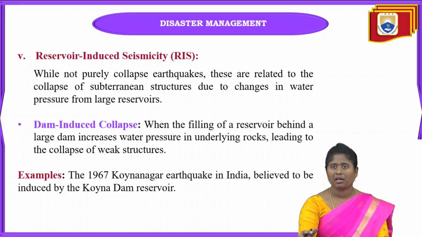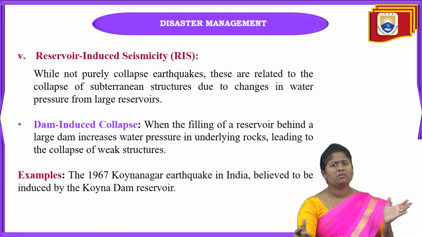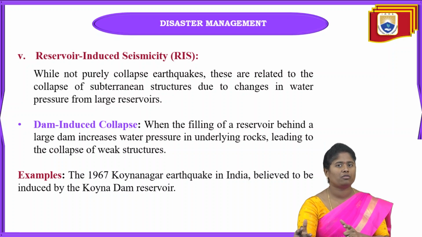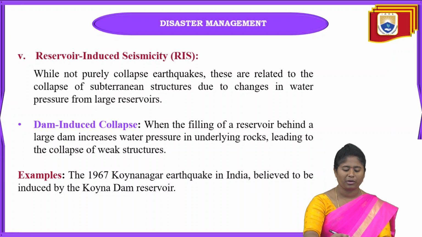When floods occur, there will be so much water pressure on the dams. If the structure is very strong, it can sustain it. But if the structure is very weak, it will collapse. From that, these earthquakes can form.